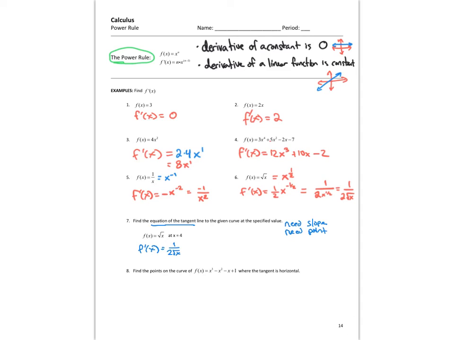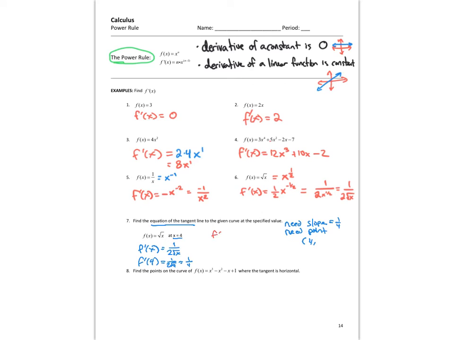All right, and at x equals 4, I can plug in 4 to find f prime of 4, which equals 1 over 2 root 4, which is 1 over 2 times 2, so it's 1 over 4. So I now know my slope equals 1/4. Then to find the point, I know it's going to be 4 comma, and then I'm plugging into the original to find the point.